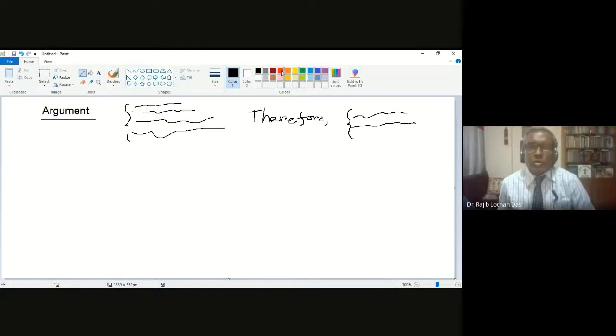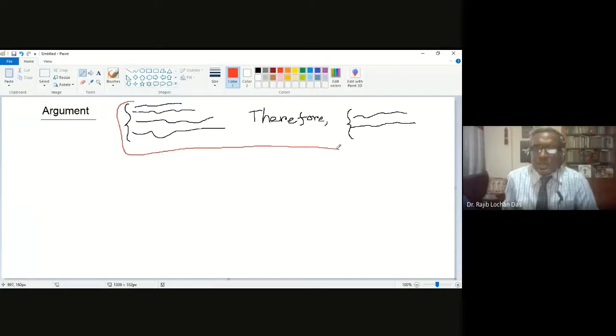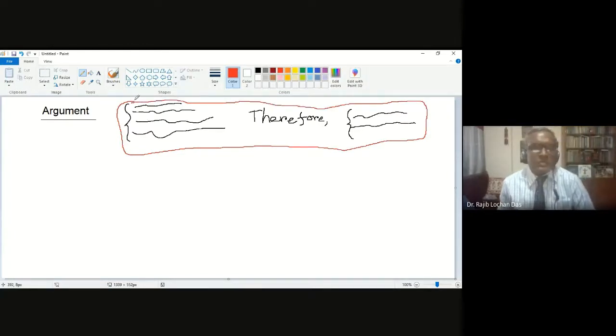We call this whole thing the argument. This whole thing is like a paragraph. In the paragraph, there are some sentences before therefore, say 3, 4, 5 sentences, and then therefore, then you have one or two sentences. So the whole together is the paragraph, and this is called an argument.